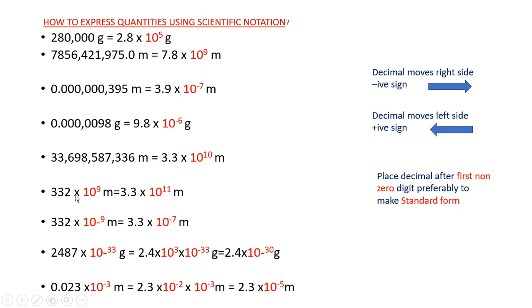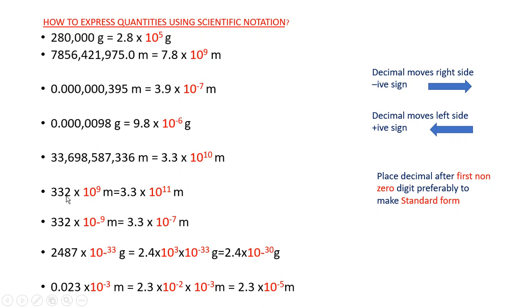Now as you can see, there is a power present, 10 raised to power 9. So here we have to bring the decimal between this 3 and 3. We have to bring the decimal after the first non-zero digit, which is 3.